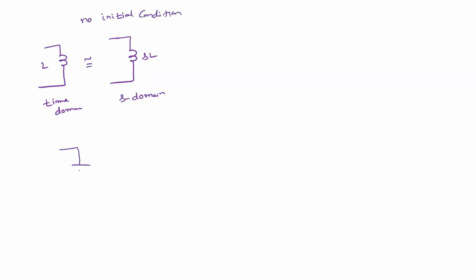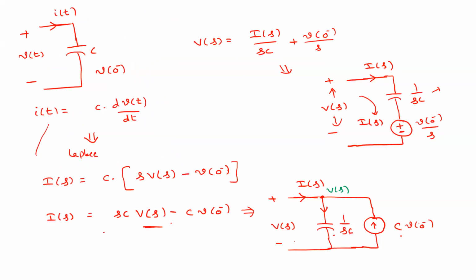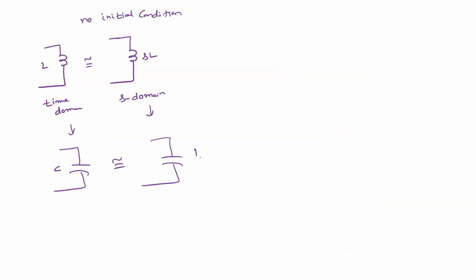Similarly for the capacitor, what do you get? If V of 0 is 0, again one element will be short circuited and the other open circuited, so you are left with only 1 by SC.